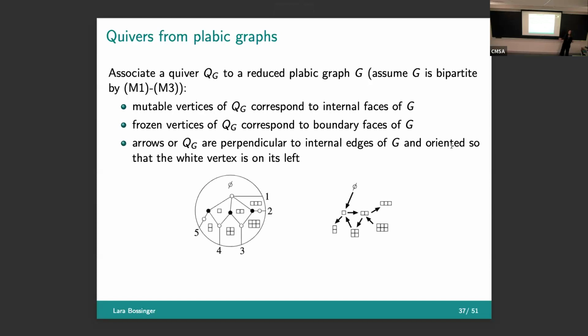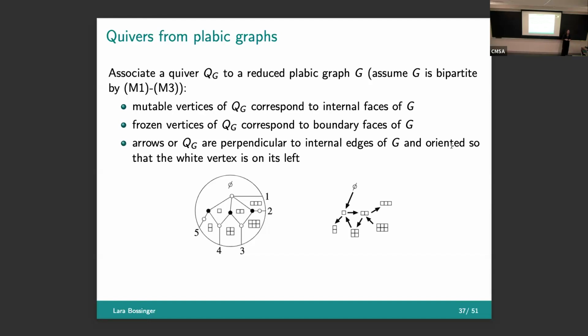You can ignore the face labeling for now, but this is my plabic graph, then this is the outcome. So for example, if we check the arrow connecting the face labeled by the empty set and by one box, then the white vertex lies on the left. So to every plabic graph, in this way, we can associate a quiver.